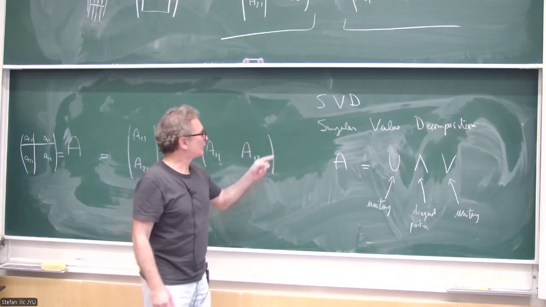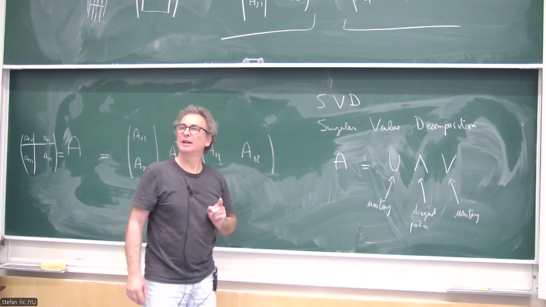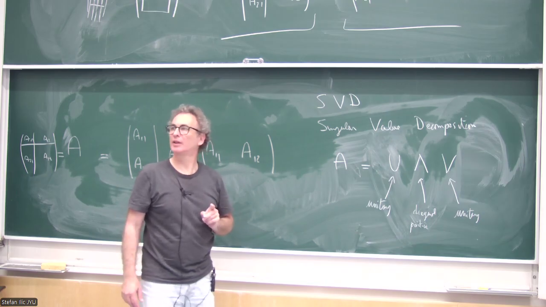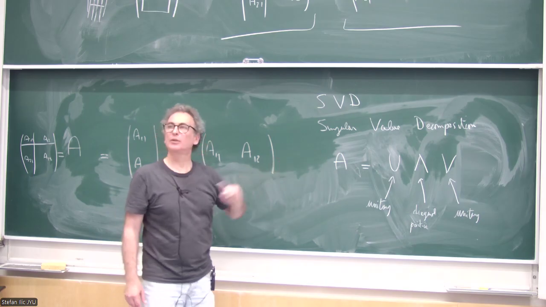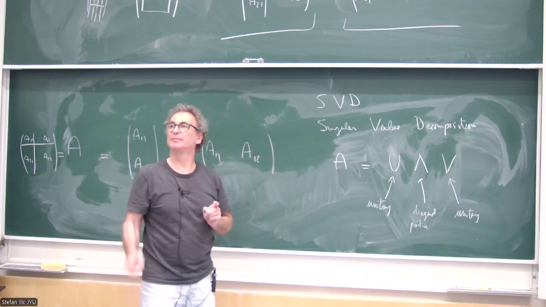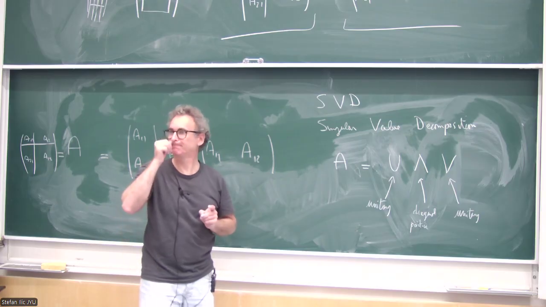Right? So I'm first going to prove this statement, and then I'm going to prove the theorem of low rank matrices, which is that from that you can build a low rank approximation of your matrix A. Okay?